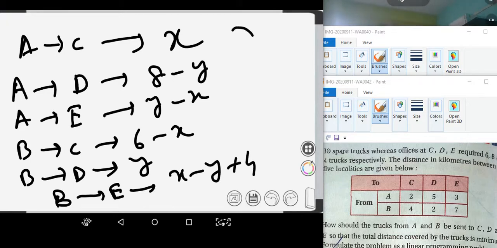So these are the 6 distributions that we have, and we also have the distances covered.